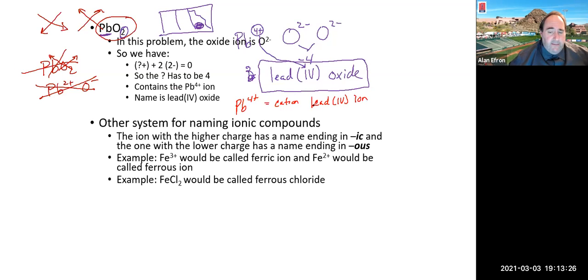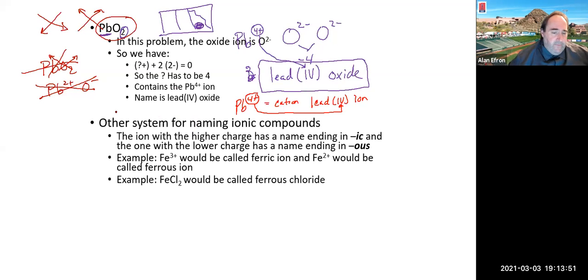This is very often confused: the Roman numeral is not how many we have, it is simply what the positive charge would be if you took one of those positive ions out. That's why we include the Roman numeral 4 here.